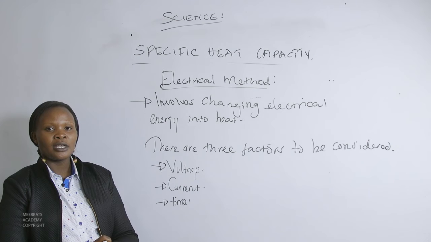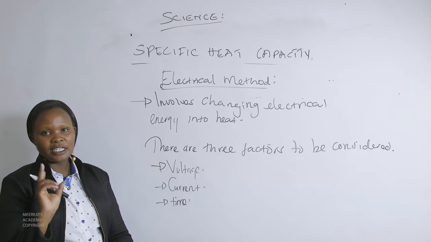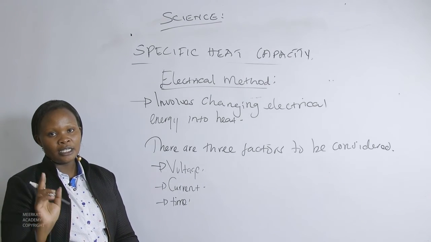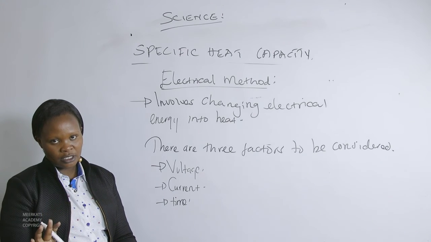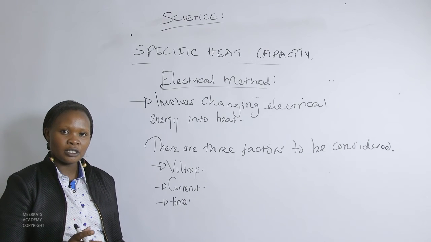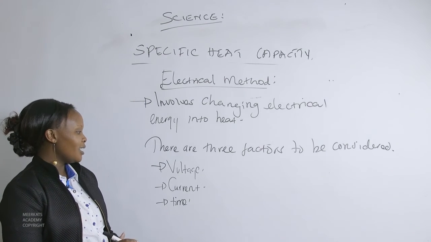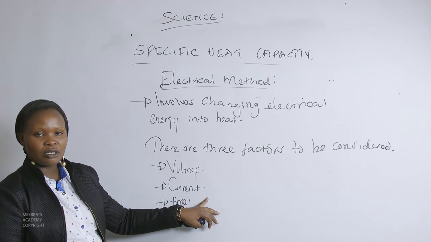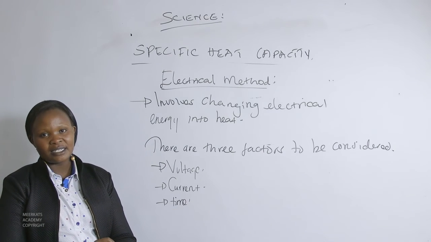Now, we remember that electrical energy in itself is a form of energy. Now we want to transform it to another form of energy. So we want to ask ourselves, this current that we are supplying to our coil, what work has it done?